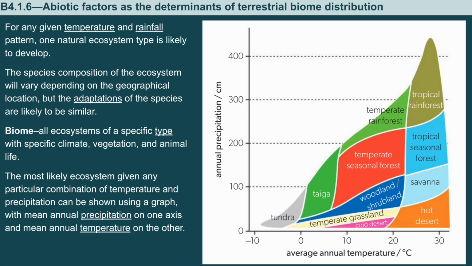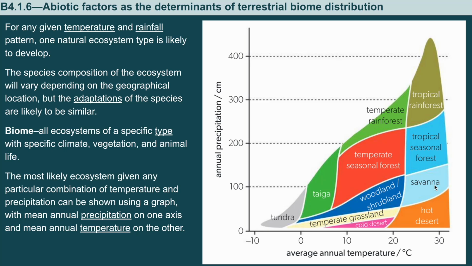All right, for any given temperature and rainfall pattern, one natural ecosystem is likely to develop. Based on the adaptations of those species, we can look at the average annual temperature and the annual precipitation, and be able to predict which biome will appear in that particular location. So you should be able to answer a question.